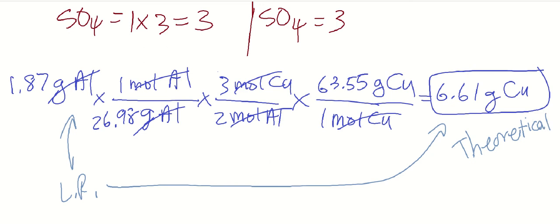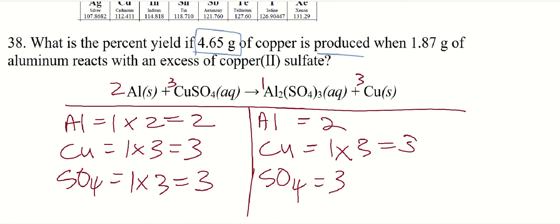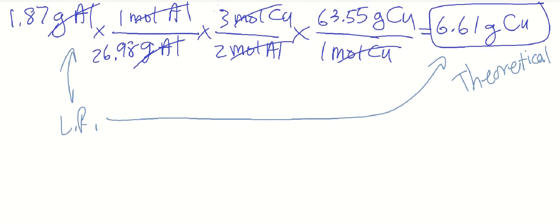So now we can answer whatever percent yield questions they throw at us. What is the percent yield? No algebra needed, just plug and play. The actual amount of copper that was produced is 4.65 grams.